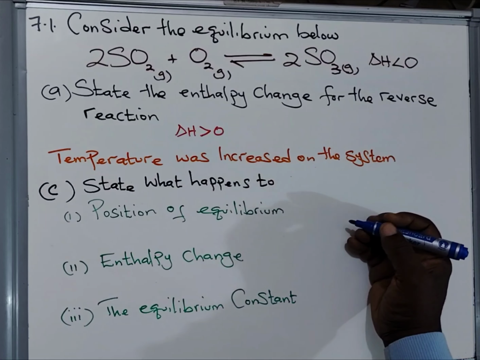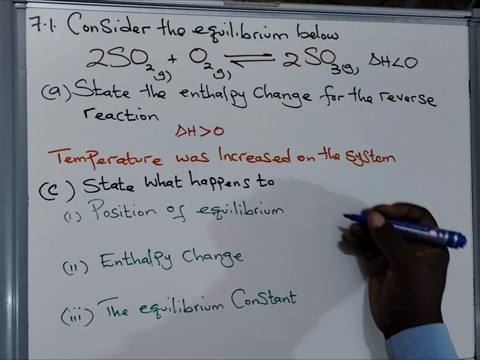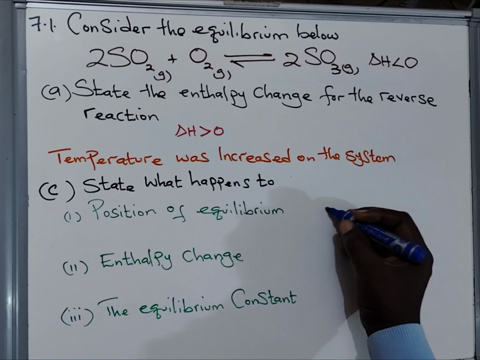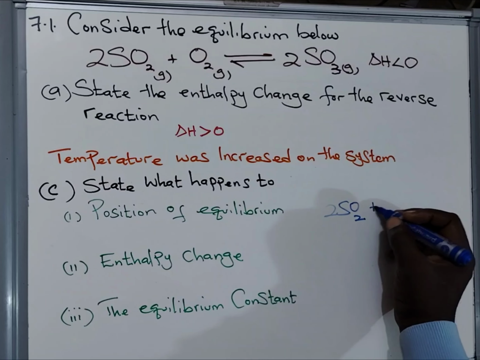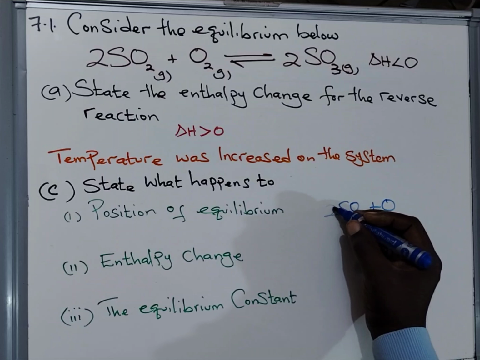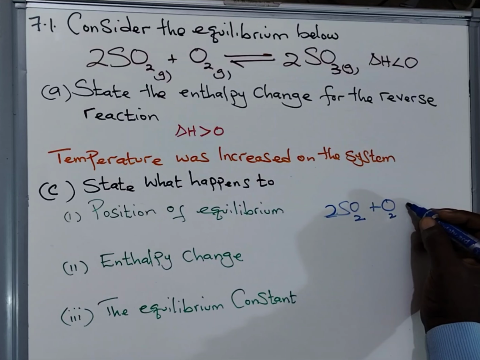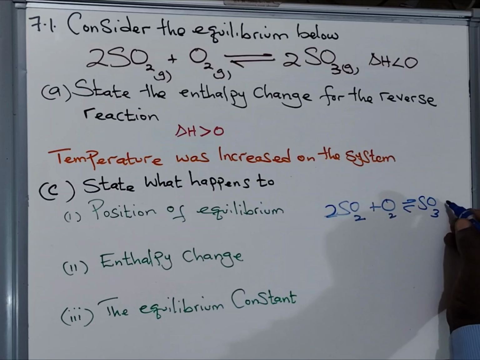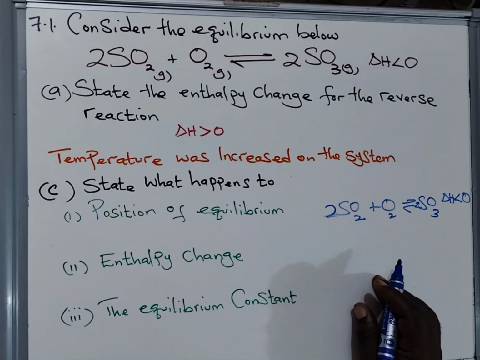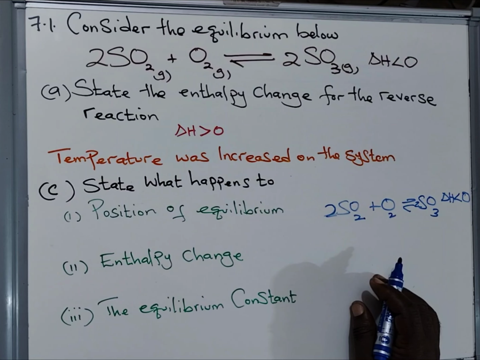The best way is to rewrite the equilibrium. It is 2 sulfur dioxide plus oxygen, giving you sulfur trioxide. Enthalpy change is less than 0.